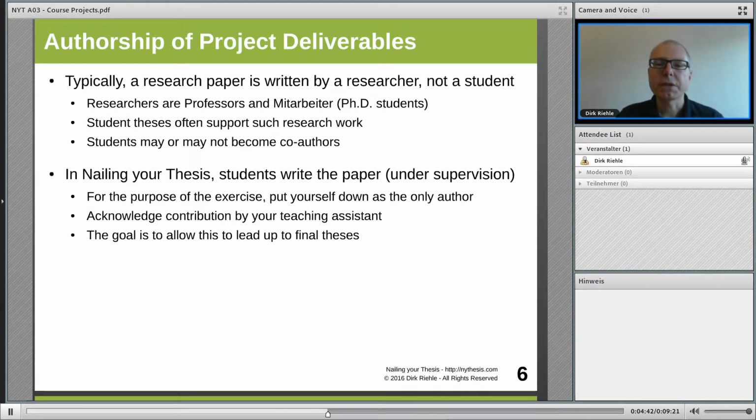You might be tempted, since we will actively guide you and since we provide the research question, or at least the project idea initially, to put us down as your co-authors. Don't do that. We are well aware that we are actively coaching you and working with you. You should be, for your work as part of this course, the only author on that research paper, that small research paper that you're writing.